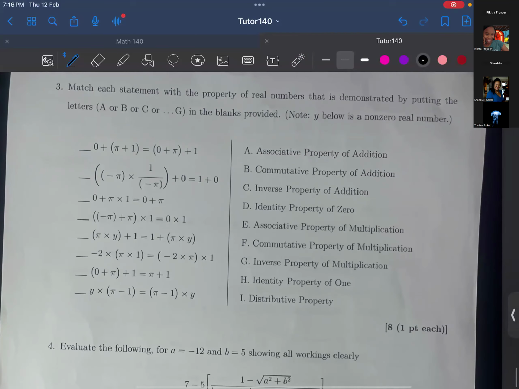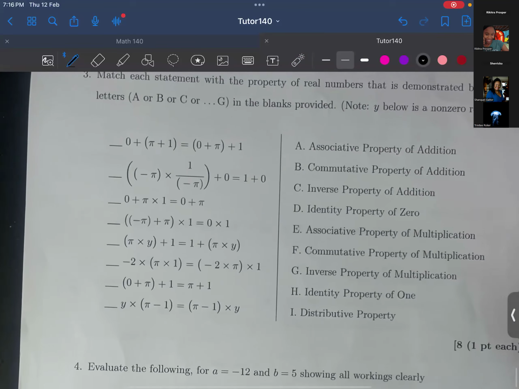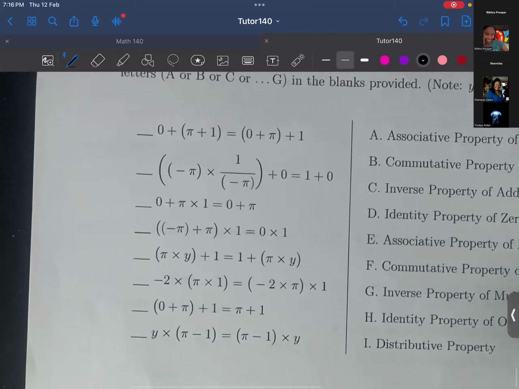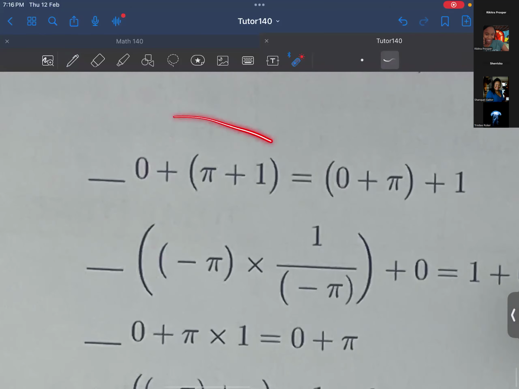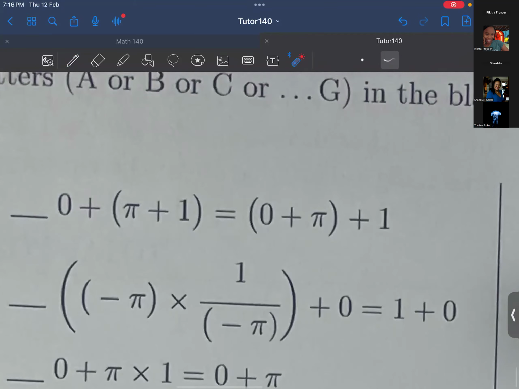Okay, the dreaded properties. For this, what I tell students is to pay attention to what is happening on the left side and match it to what happens on the right. So, if I'm looking at this, I'm seeing 0 plus open bracket, pi plus 1, and then over here, I see 0 plus pi plus 1.